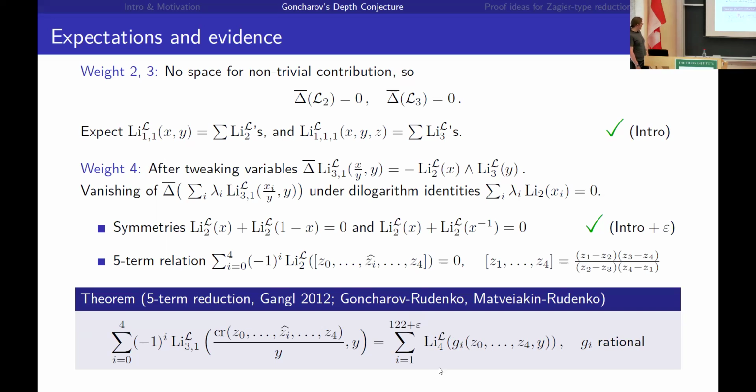And you then get that Li3 of the 5-term relation, suitably tweaked, does reduce. How many terms are in this line? 122 plus epsilon. There's some tweaks you do. It gets complicated. That's why I do want to ignore products to make it a bit simpler and then ignore things a bit further.